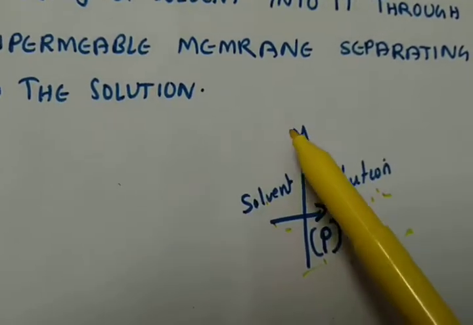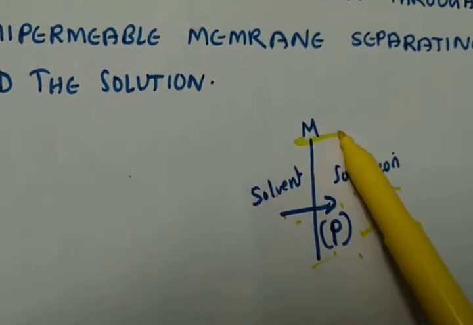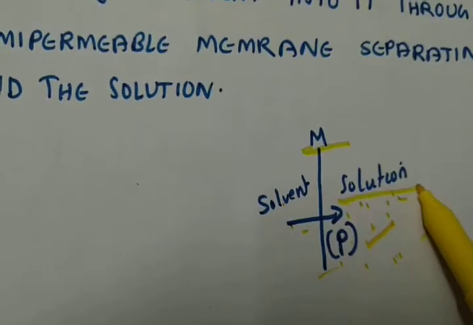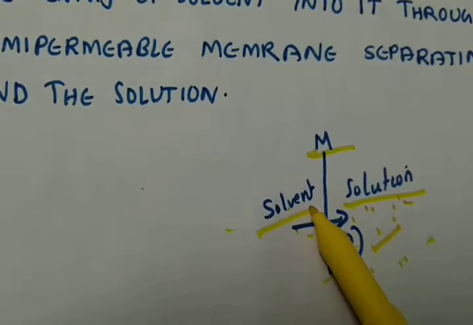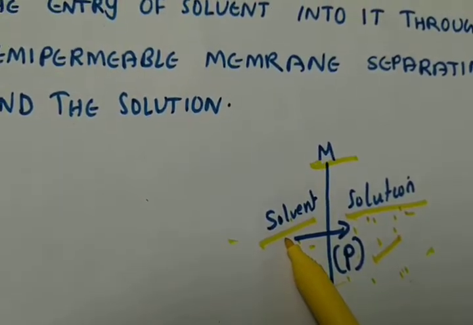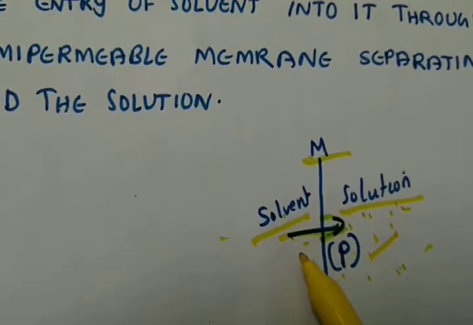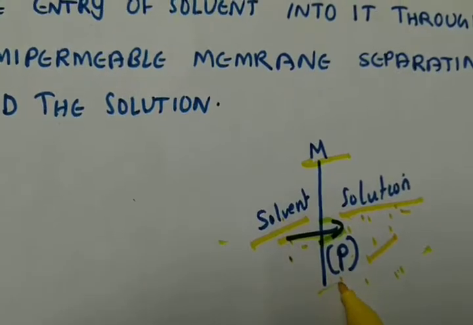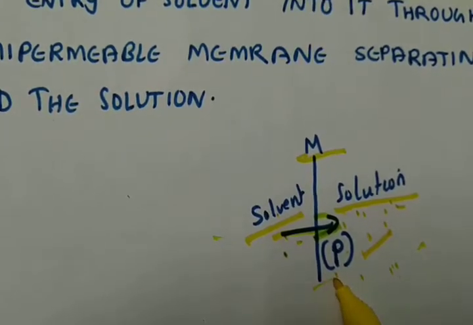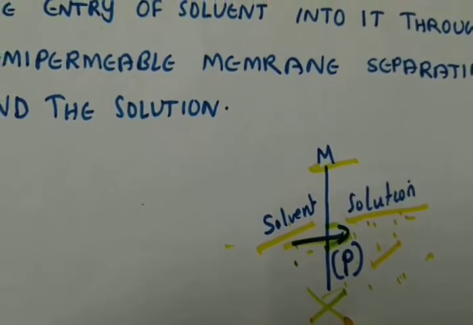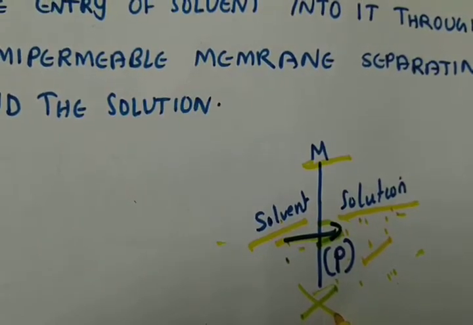Here you can see the membrane, the solution, and the solvent. Osmosis is the flow from solvent to solution, but osmotic pressure is the excess pressure to prevent osmosis.